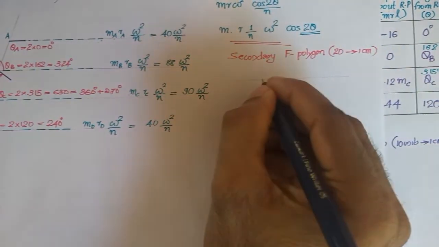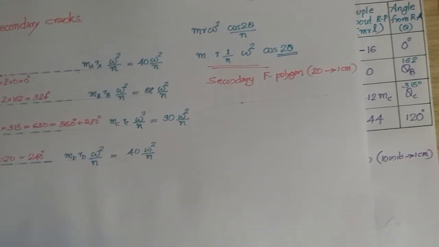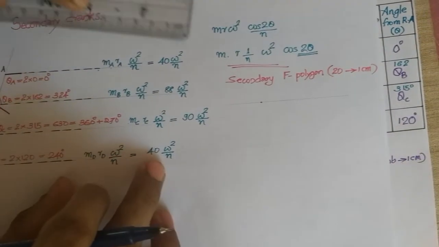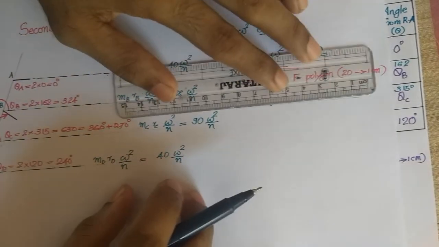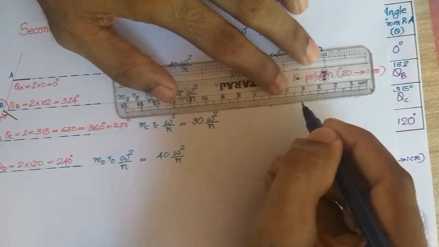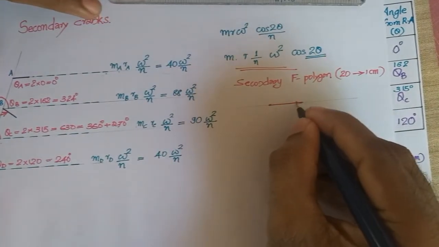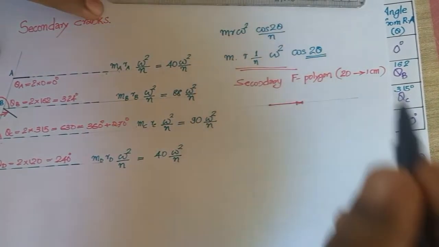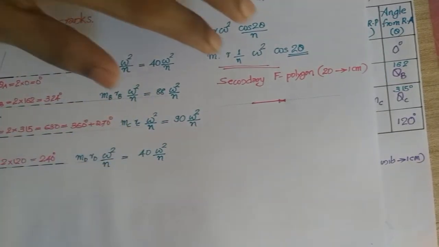So you will be drawing the horizontal line, first point will be taken here, and the first vector is 40 units, which will be drawn at 0 degree. So a vector of 2 centimeters will be marked, and this is the end of the first vector. From here, next will be drawn at 324 degree, at 88 or 4.4 centimeters.